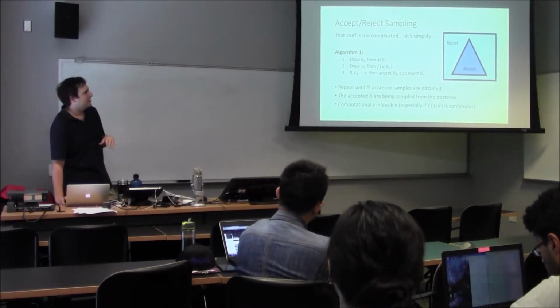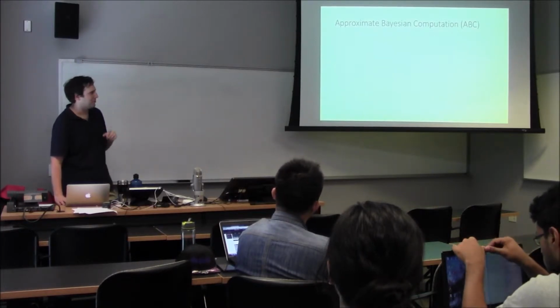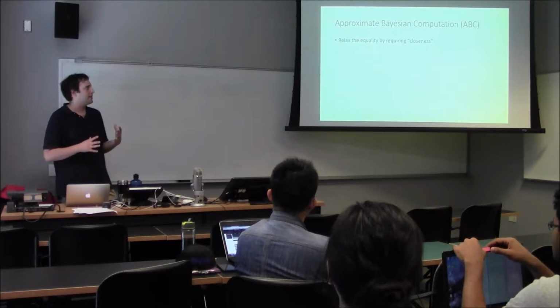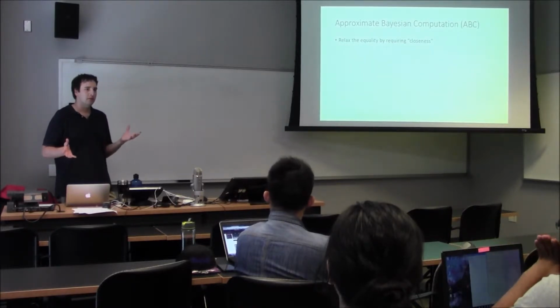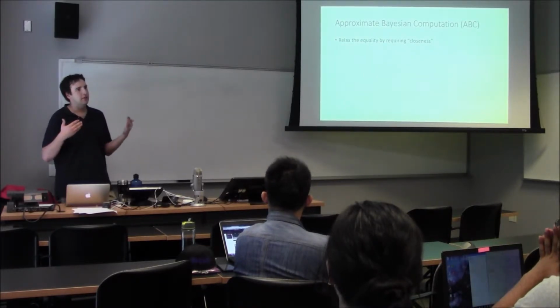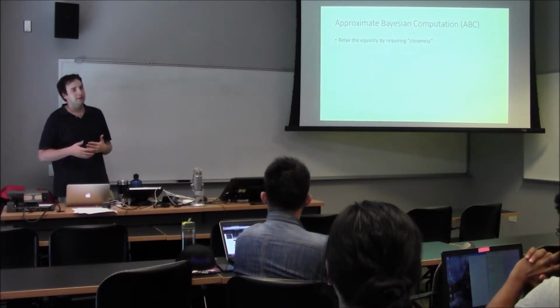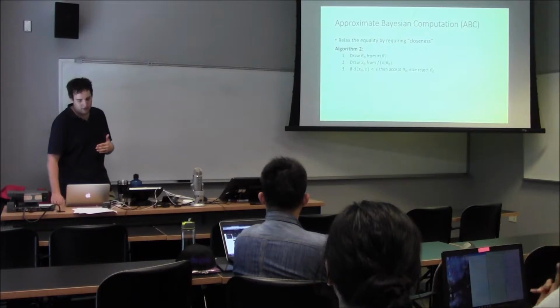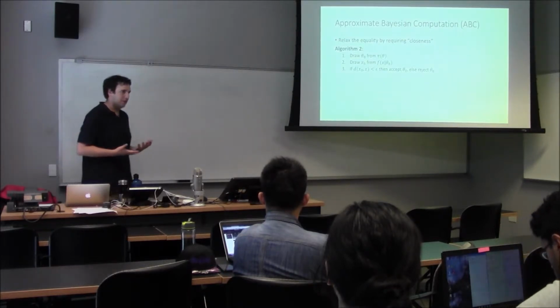So let's introduce approximate Bayesian computing. What we're doing is we're just going to relax that equality a little bit. Instead of saying that we need to match the data we saw, let's just say we need to get close to that data, for a sufficient definition of closeness.